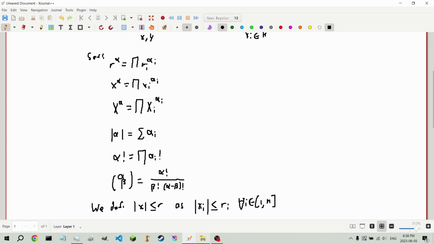And of course, if you make one inequality strict, the other one will be strict too. Comparing r prime and r, and alpha prime and alpha, is similar, which is just this partial order componentwise.